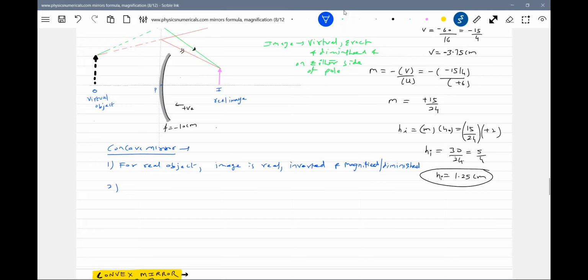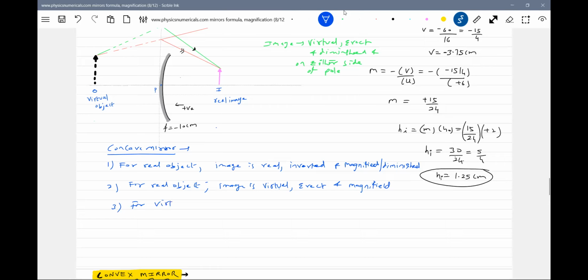Similarly, for real object, image is virtual, erect, and magnified.